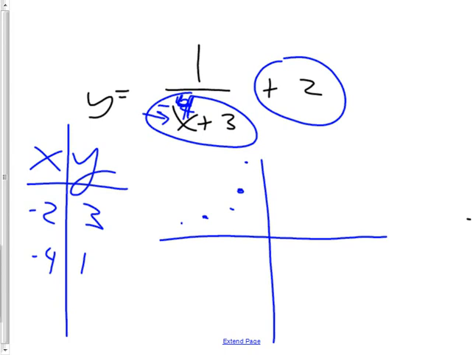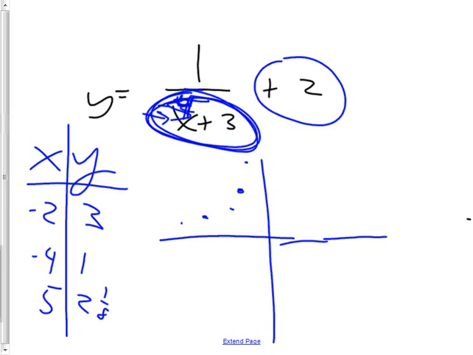I'm going to try one more point. Let's say I wanted to try something over here and see, is it up here or is it down here? I'm going to try something like, put in a 5. I'll have a 5 here. 1 over 5 plus 3 makes 1 over 8. 1/8 plus 2 is 2 and 1/8.